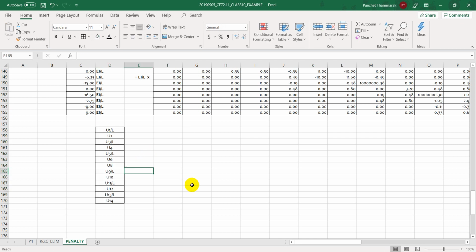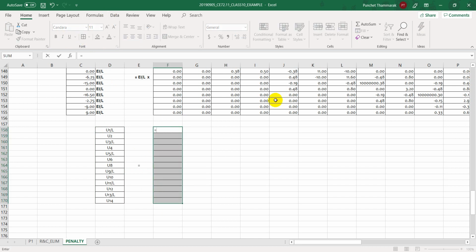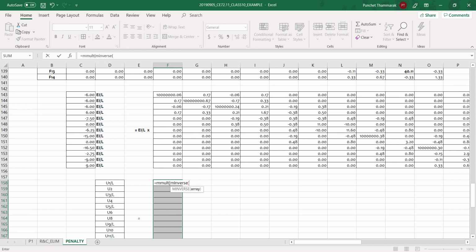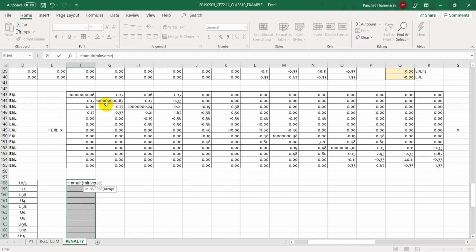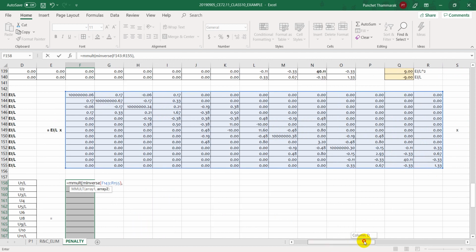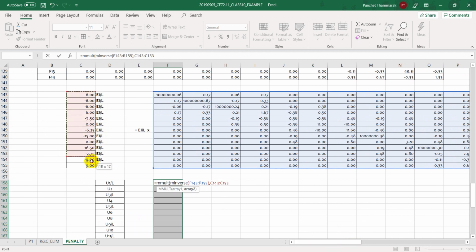This is equal to this side, MMULT, matrix multiplication of M inverse of what? Inverse of the stiffness matrix and multiply by the force vector, close the bracket.